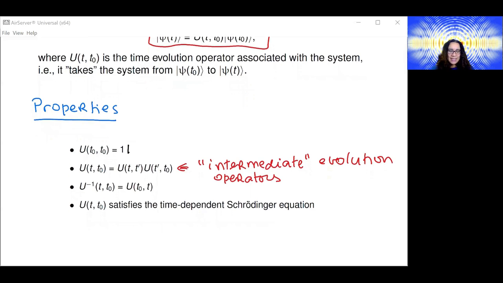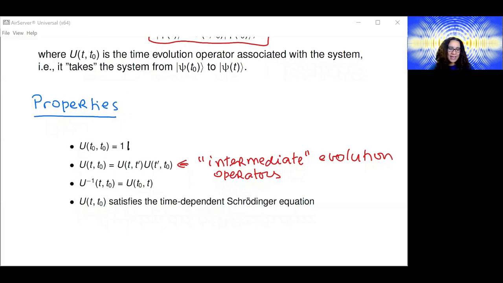And also we can say that the inverse of taking the system from t dash to t, which is characterized here by U minus 1, is if you evolve it back from t to t0, which is also clear. It has to be this way. It's like you are devolving, not evolving, bringing back.